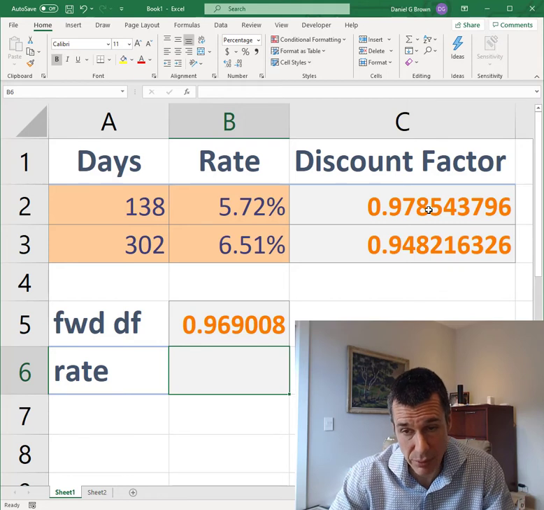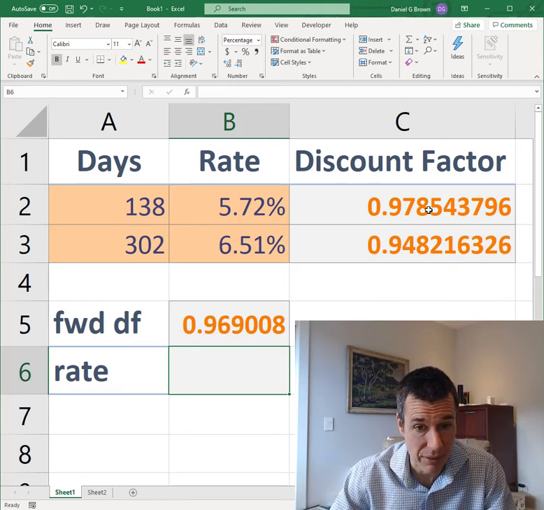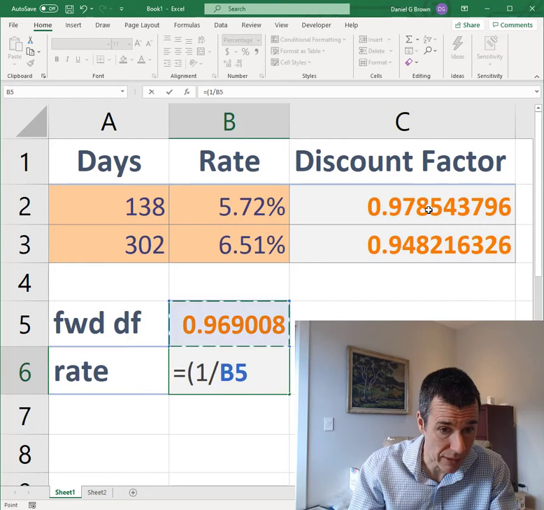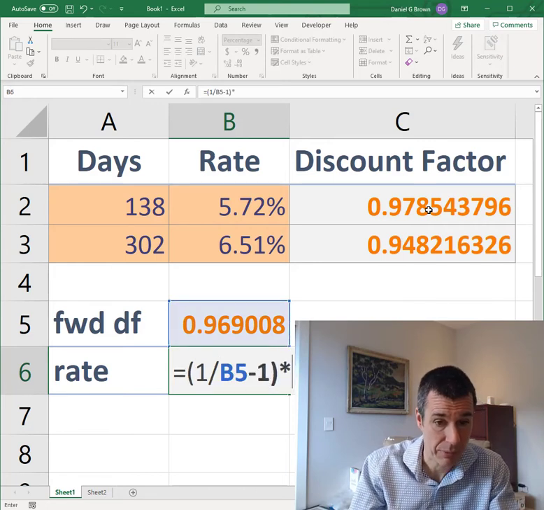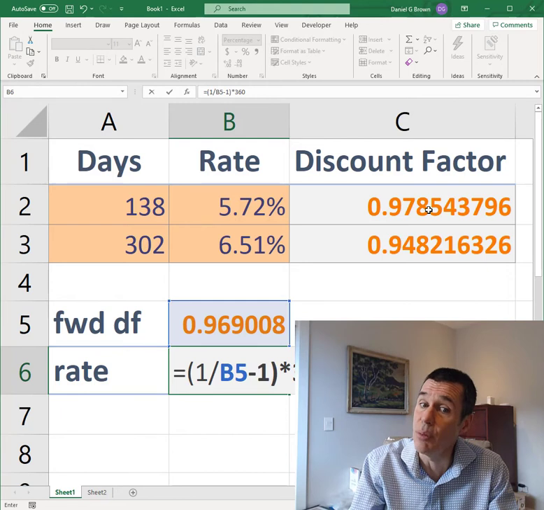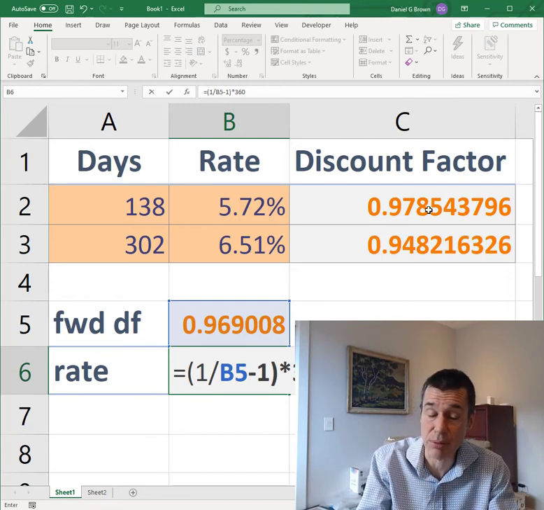Well, it's an actual over 360 rate. We're going to invert the discount factor formula, and we find the rate is equal to 1 divided by the discount factor minus 1 times 360. And again, that 360 is because we're looking for an actual over 360 rate. If we were looking for an actual over 365 rate, that would be a 365.